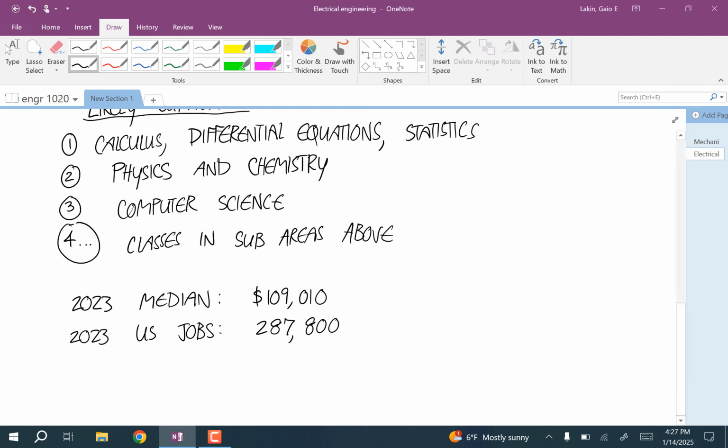And the future outlook for electrical engineering jobs is 9% growth, which is much higher than the average over all industries.